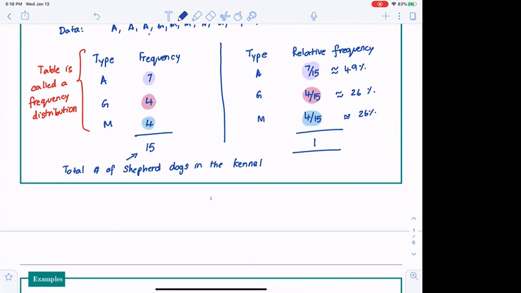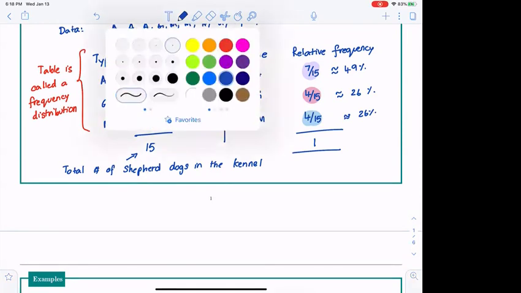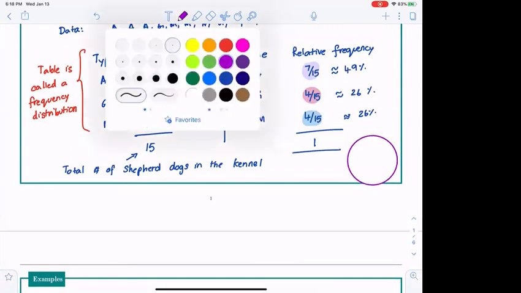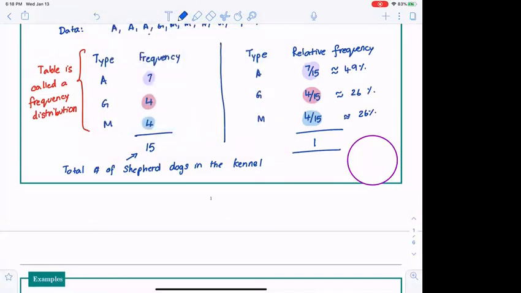If you drew it in a circle and put A, G, M, we could have 49% for A, so that's nearly half. And approximately 26% and 26% for the other two breeds. And that would be a simple pie chart.